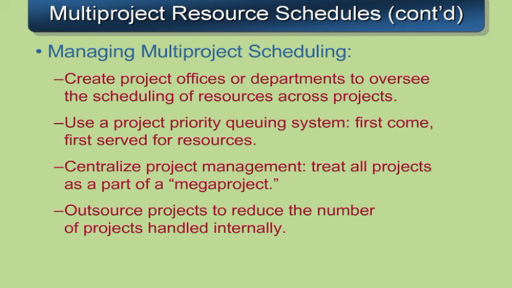Maybe you classify your projects in certain ways that allows for resources to be taken over by one project if there's more strategic initiatives involved, for example. Maybe we centralize project management and treat all projects as part of one big mega project, as shown in the slide. And maybe we become even more creative and start looking towards things like outsourcing to reduce the number of projects we're trying to handle.